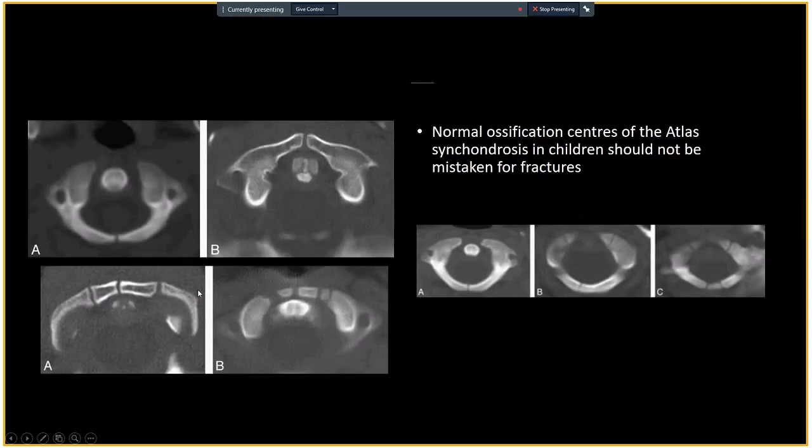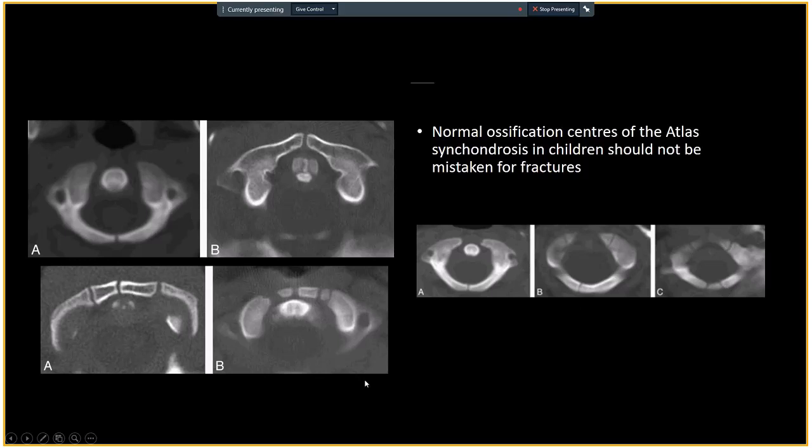So these are the typical pitfalls. The other thing is the different types of normal ossification of the different parts of the atlas, which should also be considered completely normal, because we can see that they're very well corticated. There's no acute fracture, and they are present at very predictable locations.